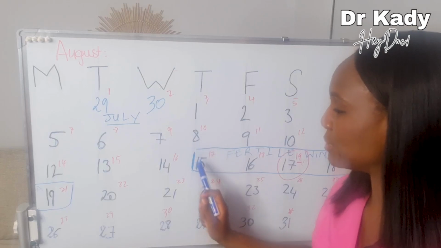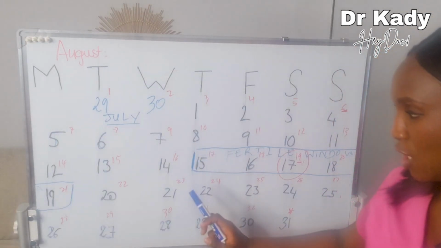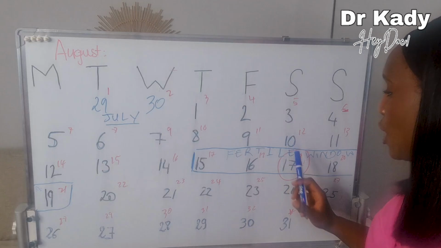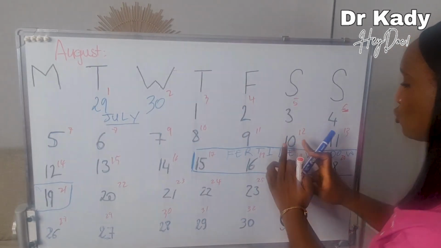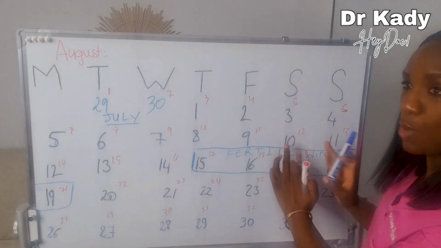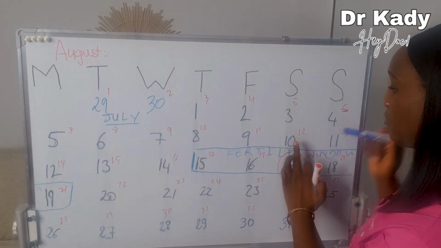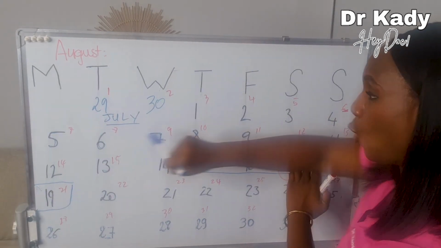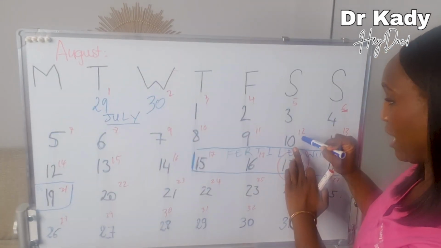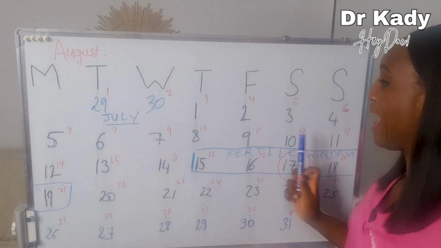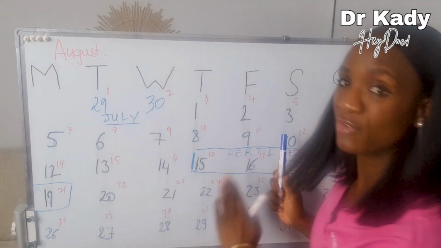Whereas if you exclude the 15th and you start by counting 1, 2, 3, 4, 5, you give yourself an additional 24 hours whereby you're being really, really safe, and you're saying to yourself, anything before the 10th or the 12th day of that menstrual cycle, I am safe.